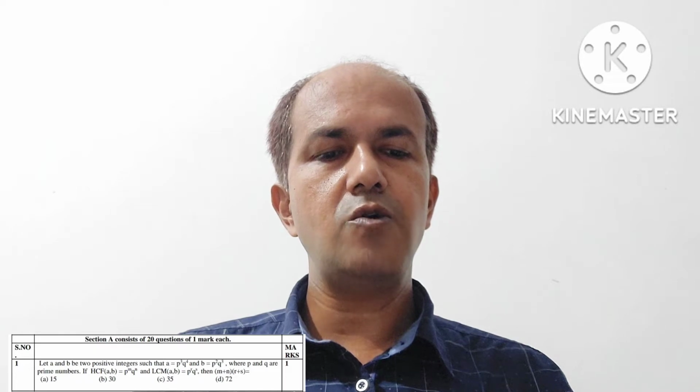In question number 1, it is given that let a and b be two positive integers such that a equals p cube q to the power 4 and b equals p square q cube, where p and q are prime numbers.